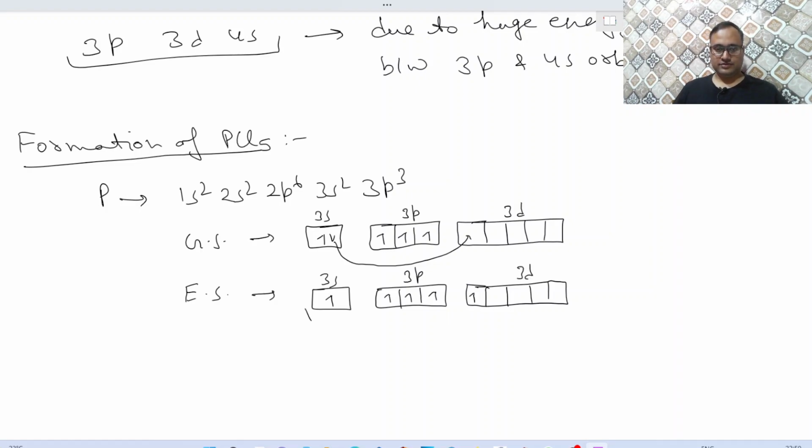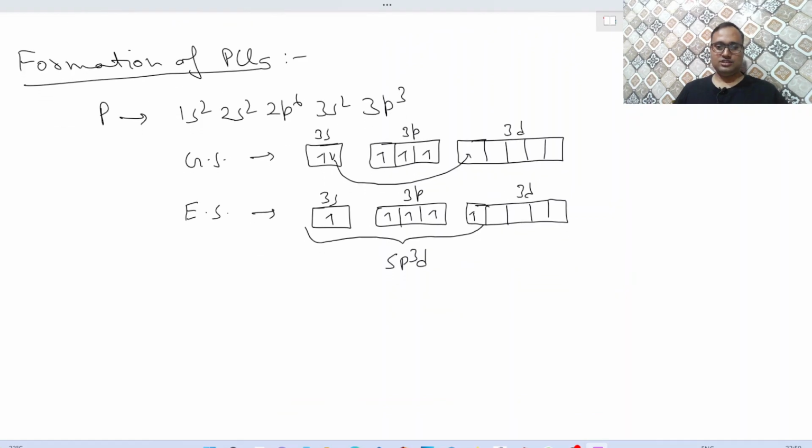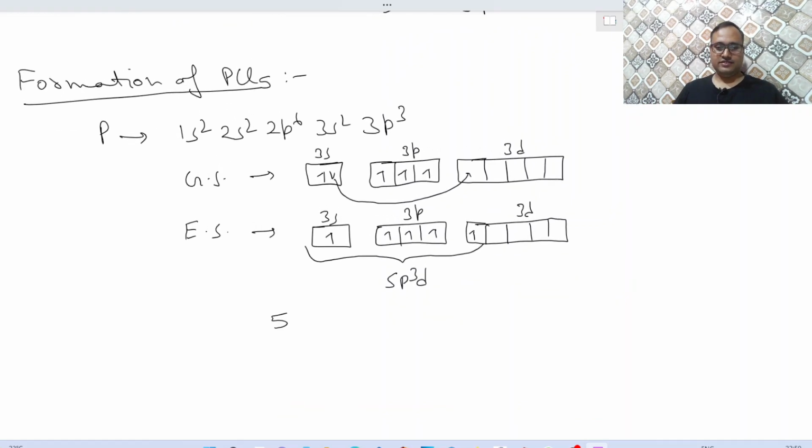These electrons, one of the 3s, 3 of the 3p and 1 of the 3d, undergo hybridization, that is sp3d.